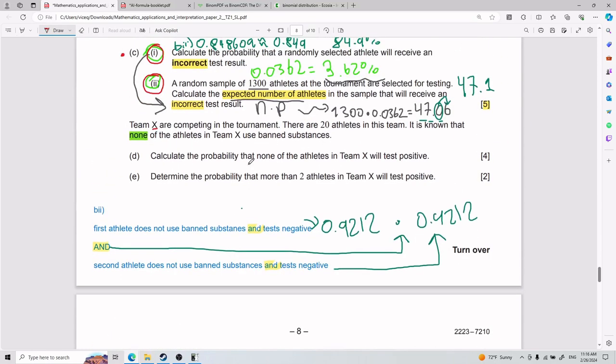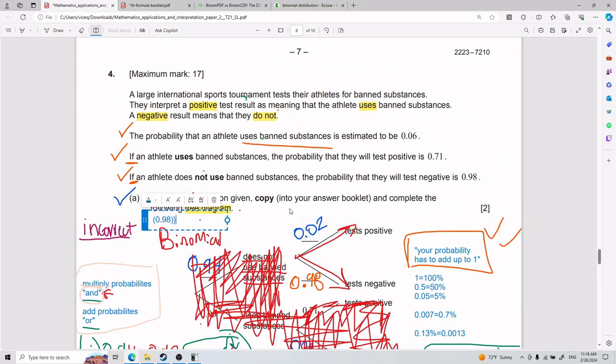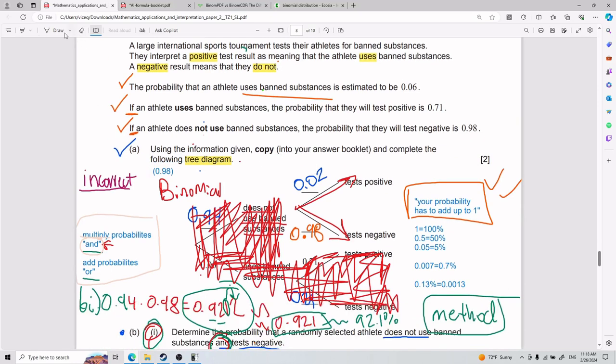So we need to calculate the probability that none of the athletes in Team X will test positive. When you work with a binomial distribution, it's when you have only two options, which is what I have right now. With what they told me, I am in this world here. There is nothing else. This is the only thing in my world.